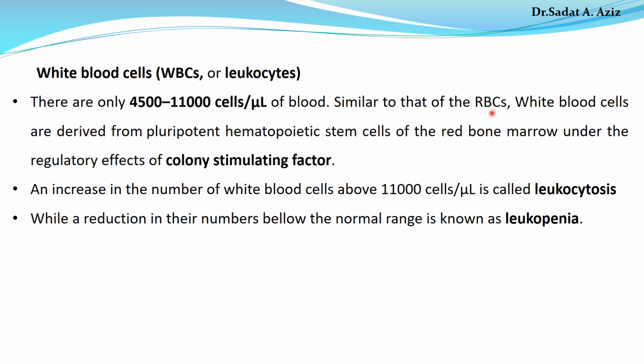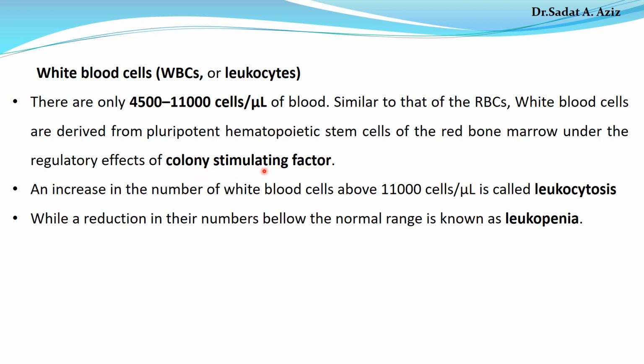As we said here, the white blood cells, similar to the red blood cells and platelets, are derived from the same progenitor cells, which are called pluripotent hematopoietic stem cells of the red bone marrow, under the regulatory effect of colony stimulating factors.